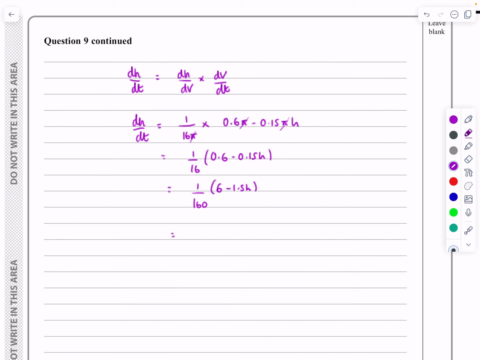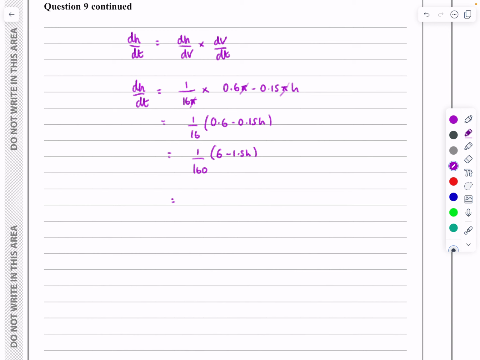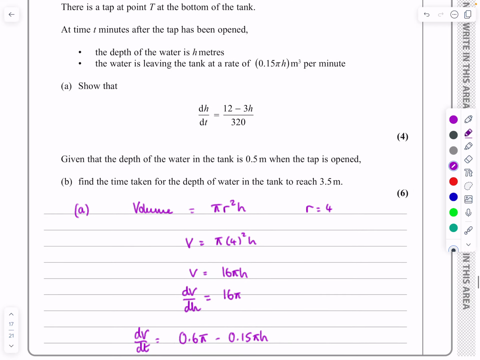And then I think it's a fair enough step to say double everything up again, 1 over 320, and then we're going to get 12 minus 2h. Sorry, 12 minus 3h. Be able to multiply properly. 12 minus 3h, and that's actually the answer. So, yeah, I think that's enough steps to be able to do that. So, dH by dt, as asked for in the question, is 12 minus 3h over 320.